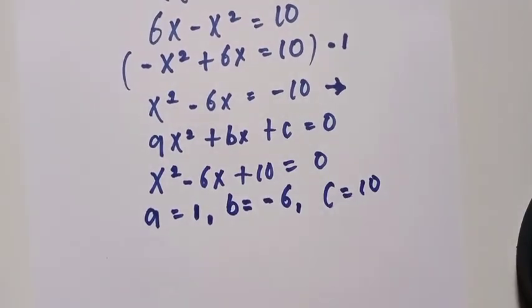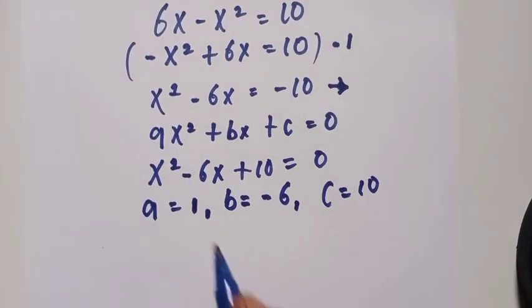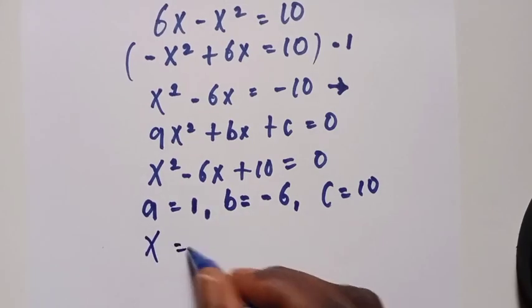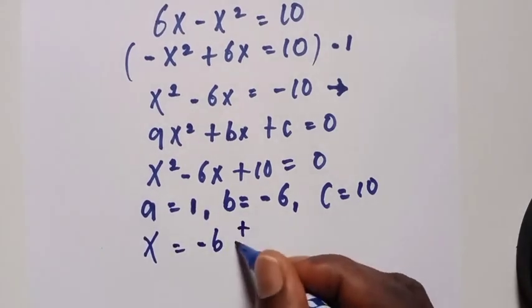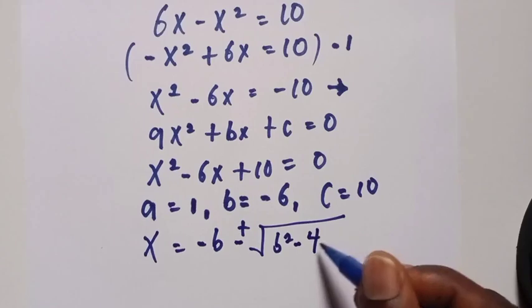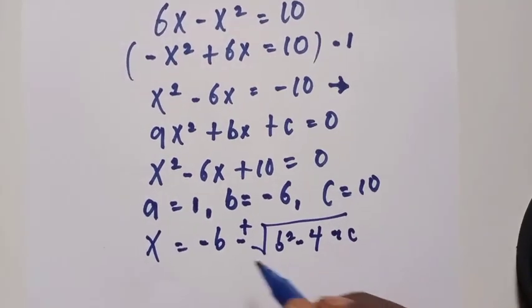At this point, we can use the quadratic formula: x is equal to minus b plus or minus root of b squared minus 4ac, over 2a.